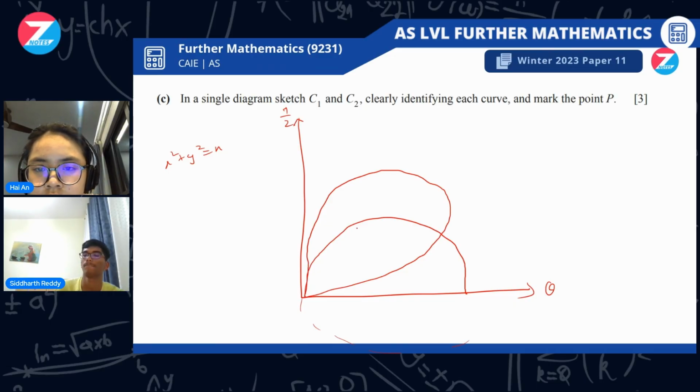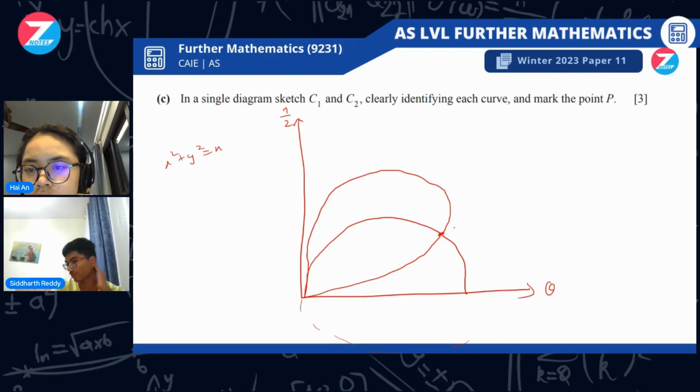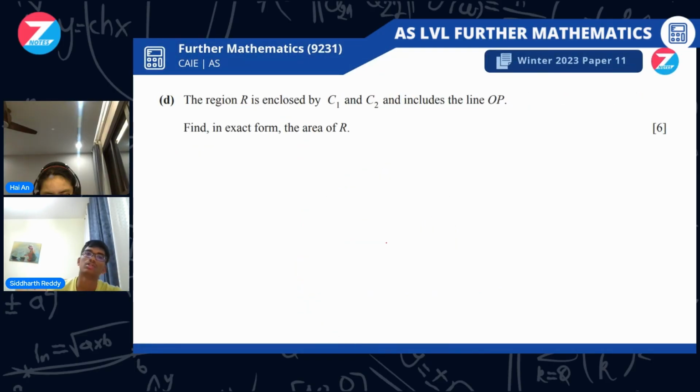Okay, and mark the point P. So this is the point P of intersection, right? This is P. So let's move on to the next question.